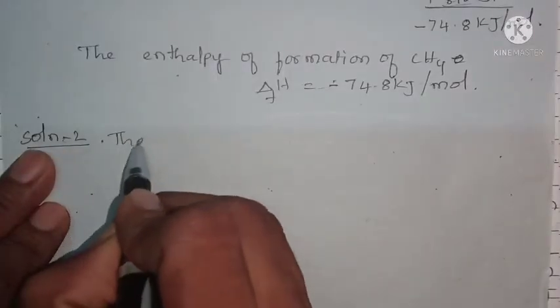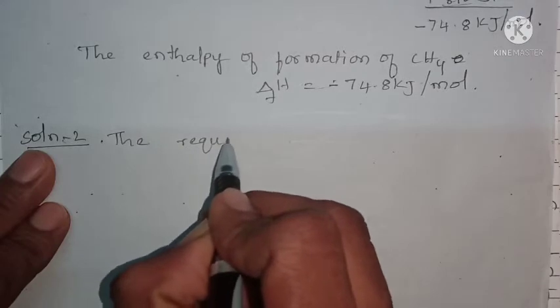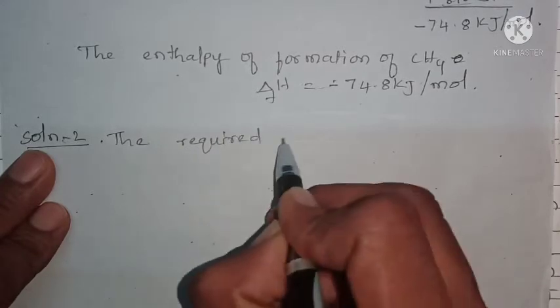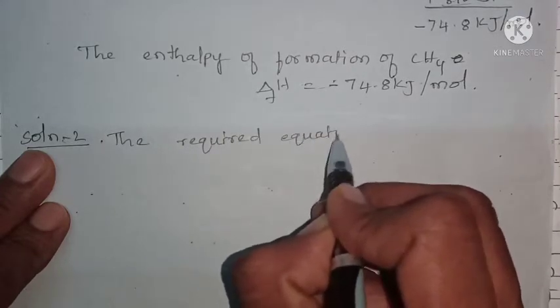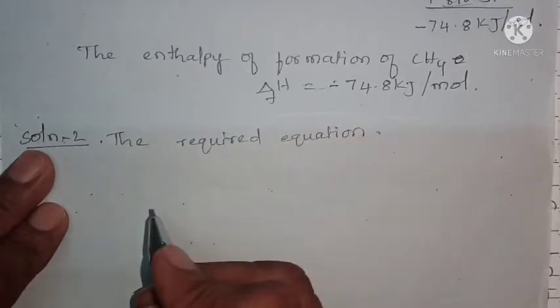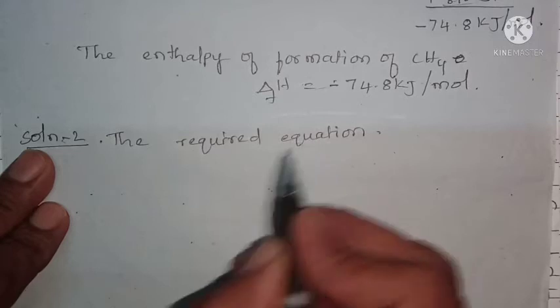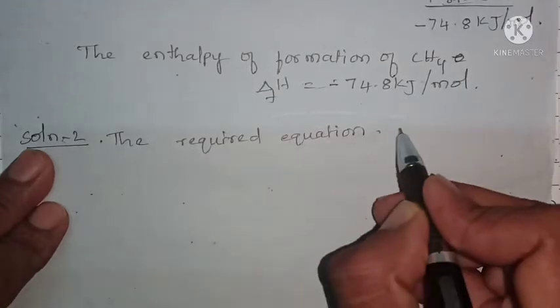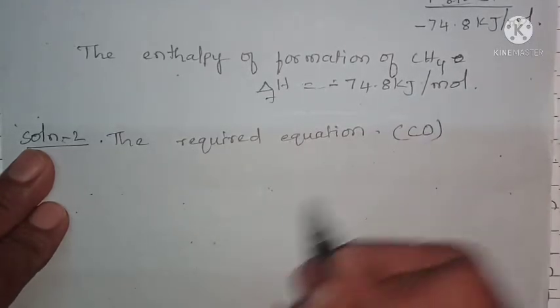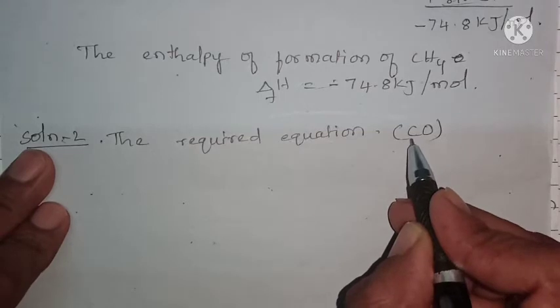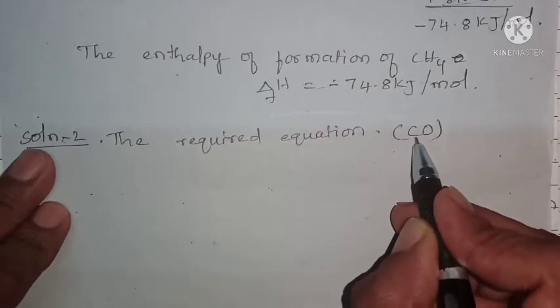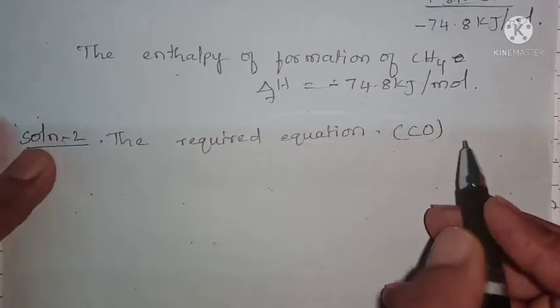The required equation, that is the formation of carbon monoxide, CO. For the formation of carbon monoxide, we require one carbon and one oxygen atom.